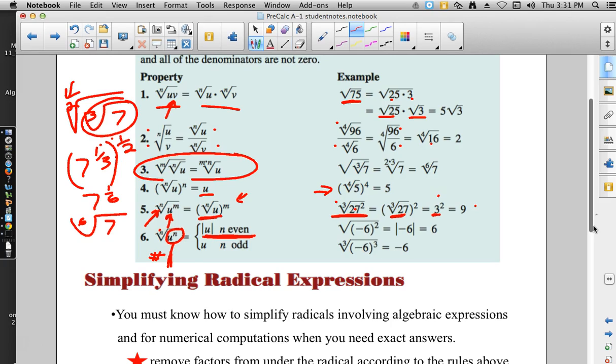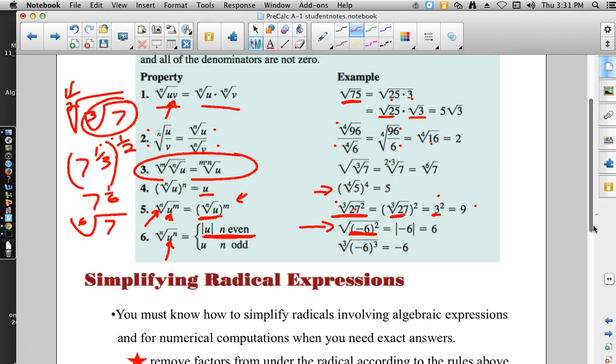And if our index is odd, well, we all know we can get a positive or negative answer that way. So it says if n is odd, we're going to stick with the u value. So this is all about that principal root piece that we've been talking about. If we're taking the nth root of u to the n, and n is odd, we're getting one answer. We're getting u. So what are they talking about? Well, if we take the square root of -6 squared, order of operations says do this first.